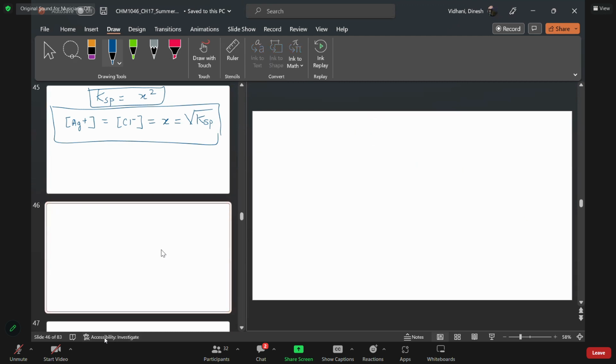How about instead of having silver chloride, we have a salt, which is barium sulfate. Again, a sparingly soluble salt. It dissociates in water to a very small extent, and it forms barium plus 2 and sulfate ions.